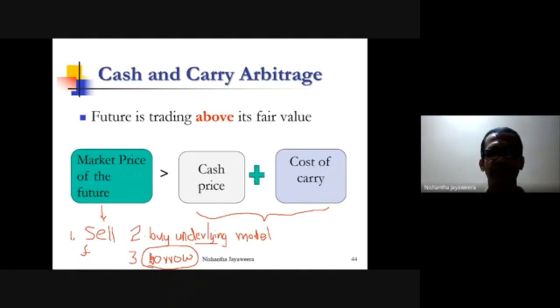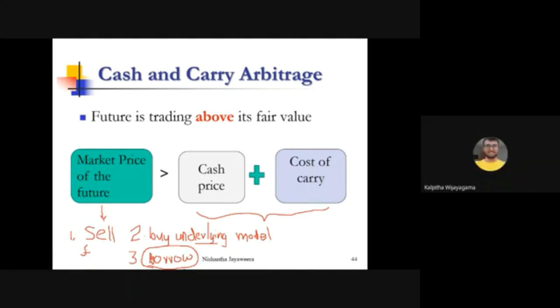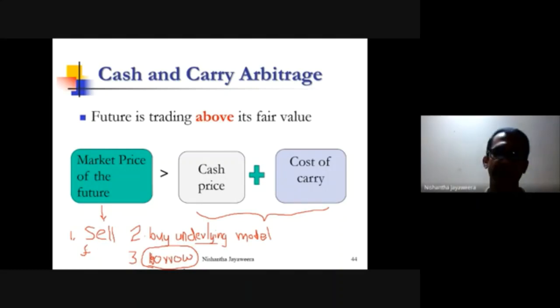You borrow the same amount for what period? What should be the tenor of this borrowing? The duration of the futures contract. Yes, exactly. It should be equal to the time to expiry of the futures contract.